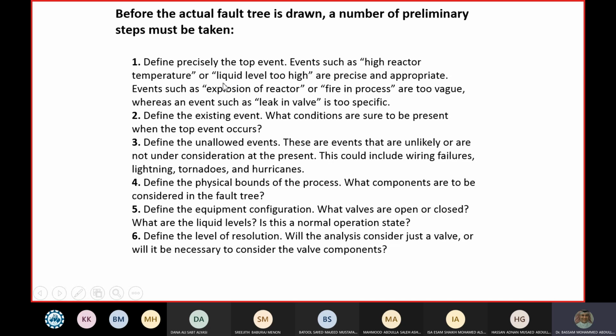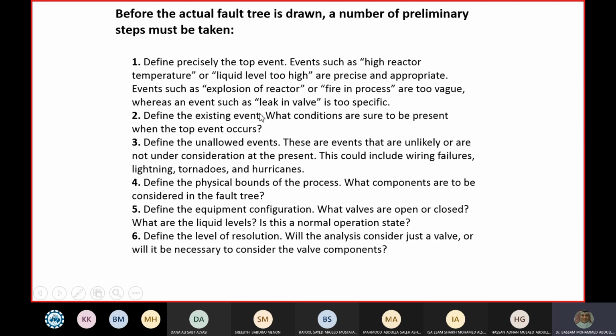Okay, and we already explained that you put a top event where you have the tire problem, or you have the overpressure in the reactor in the next example, and then you put the existing events. That means, why did this happen? What are the conditions of the top event happening? Why did the tire become flat?